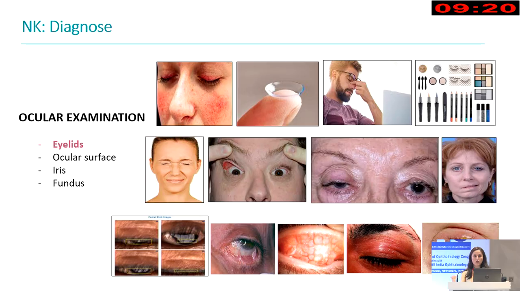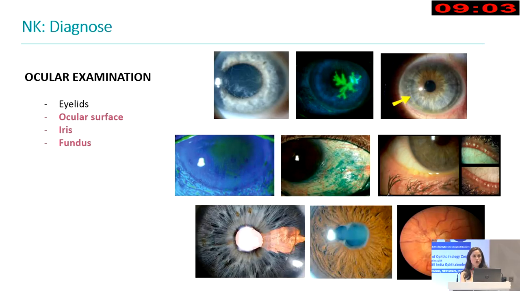So we'll start from outside to inside the eye. We will look at the eyelids, especially rule out lagophthalmos at night, and also blinking alterations. It will be important also to check the fundus of the eye, to check if there's scarring, allergies, or some other issues. As for the ocular surface, we'll check if we have lesions on the cornea that let us think about dystrophies or previous infections, and it is very useful to put a drop of fluorescein and lissamine green stains to check the state of the surface.